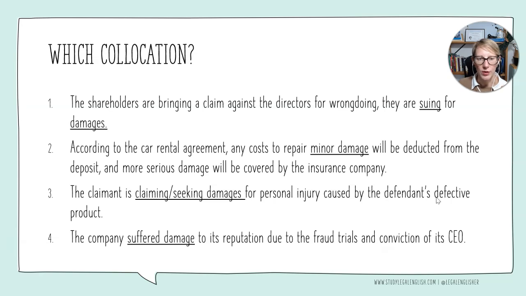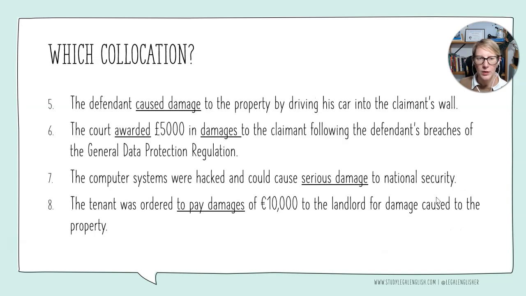So those are the first 4 answers. You've got to sue for damages, minor damage, to claim or to seek damages, and to suffer damage. But of course, in the correct conjugation when you've got the verb involved. Let's move on to the next 4. So, number 5, the defendant caused damage to the property by driving his car into the claimant's wall.